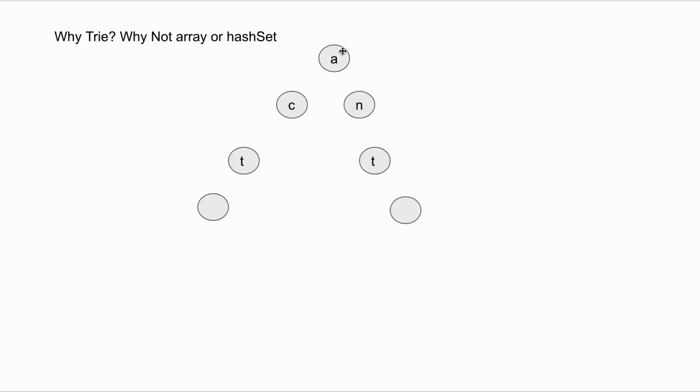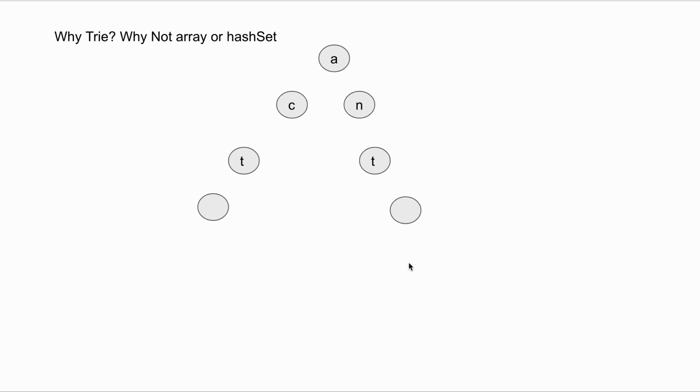In a hash set, if you want to store act and and you will require two different words, but here all you needed was this much space. But if you are storing so many words, you can gauge how much space we will be saving, right? So that is the idea of why we use a trie data structure.